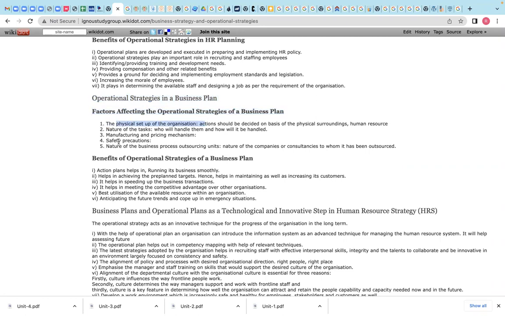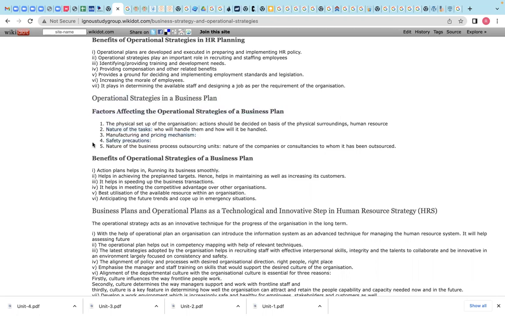If I am going to have an office in Bangalore, it would be different from the office being in some remote village, so the way I implement certain things would vary. Next, nature of the task, what exactly I'm trying to operationalize. If I am trying to define an operational strategy for performance, it is different from compensation, or from recruitment, manufacturing and pricing mechanisms.